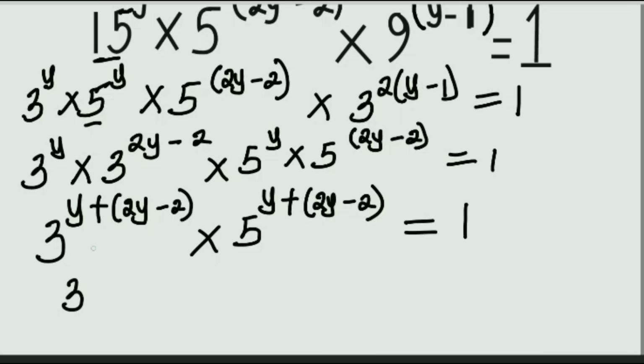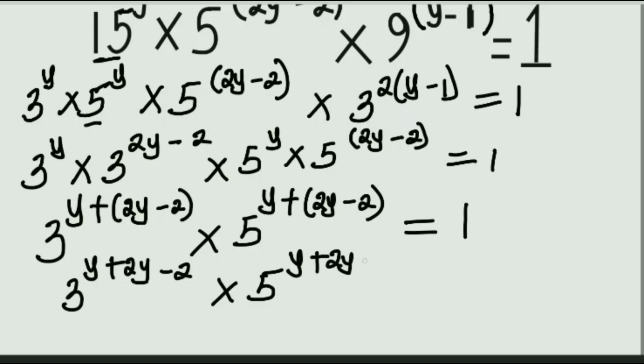So this is 3 to the power of y plus 2y minus 2 times 5 raised by y plus 2y minus 2 equals 1.